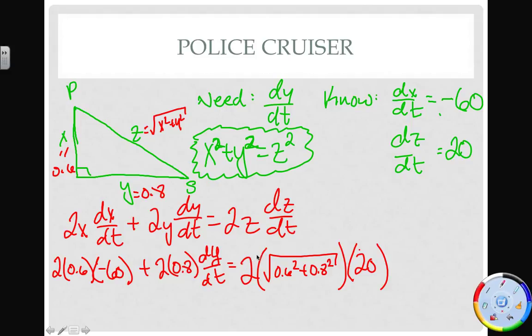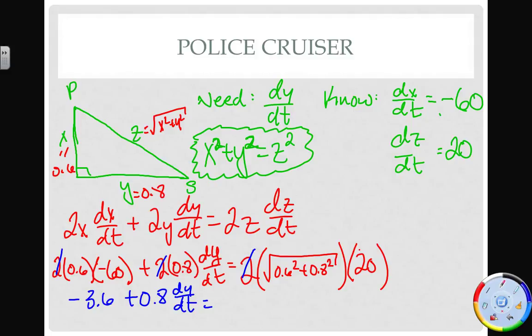So I'm going to just cancel out these 2's because I don't need them. I'm going to get negative 3.6 plus 0.8 dy/dt equals, well, if I do this on my calculator, the square root of 0.6 squared plus 0.8 squared is, oh, really? 1?